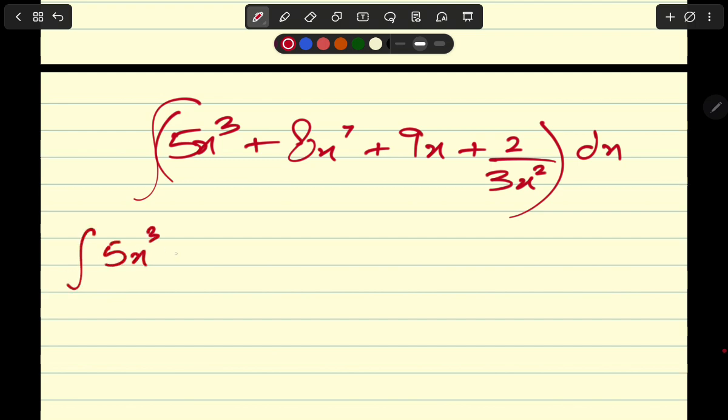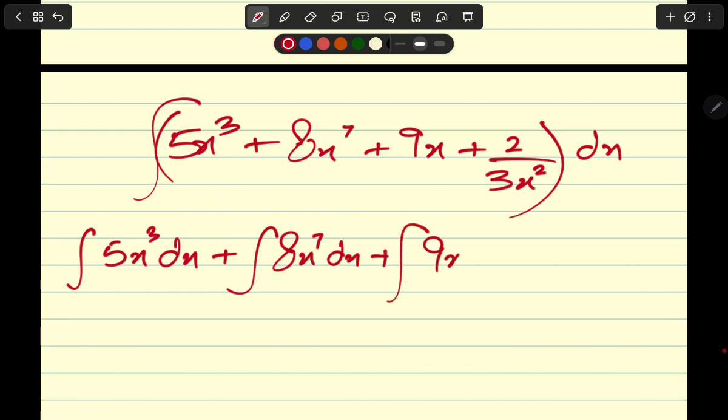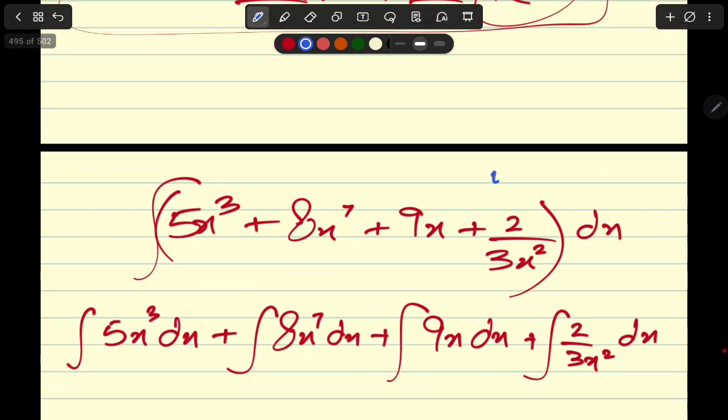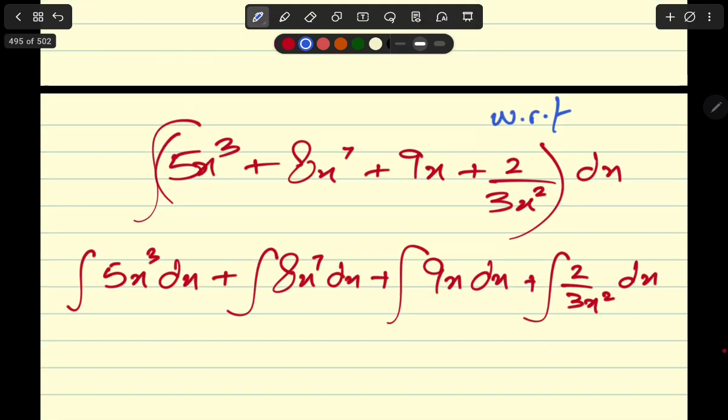So 5x cube could become another term separately getting integrated with respect to x, added to another integral for 8x^7 with respect to x, plus another integral for 9x with respect to x, plus another integral for 2 upon 3x square, where x square is in the denominator, with respect to x, right? With respect to can also be written like this, so do not panic when they give you these shortcuts.